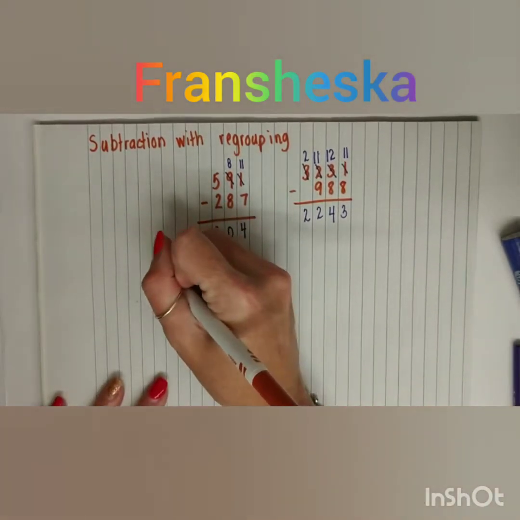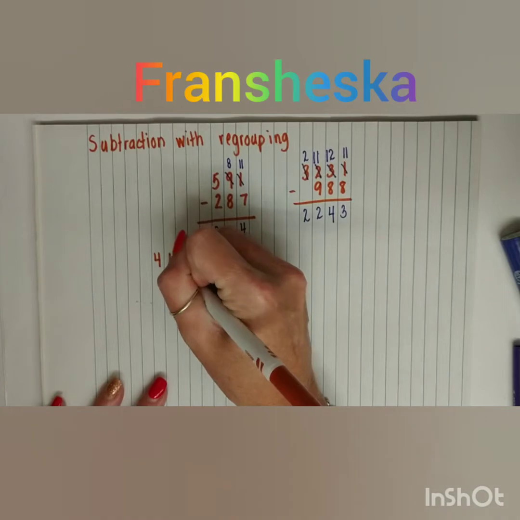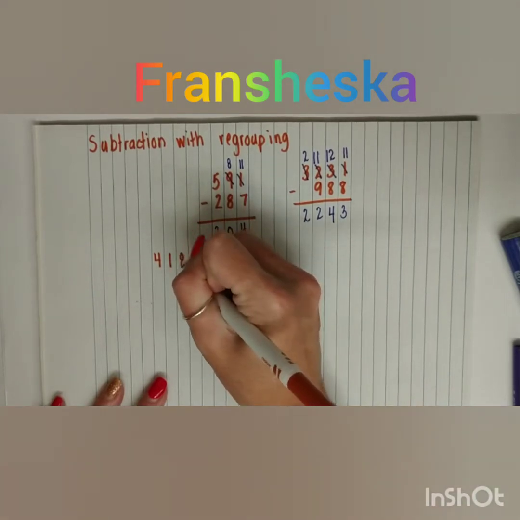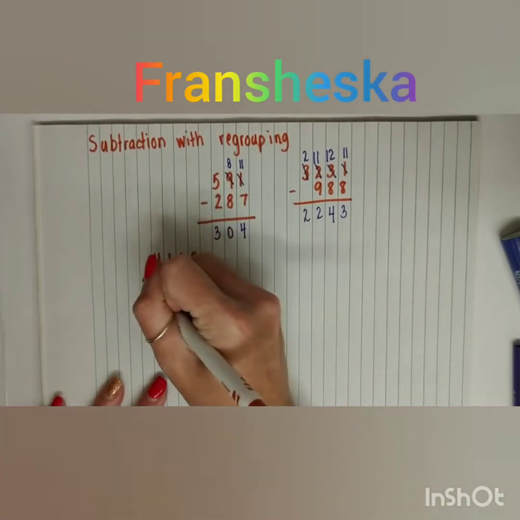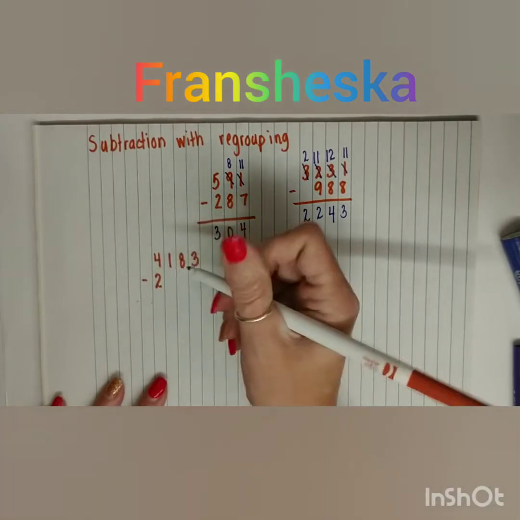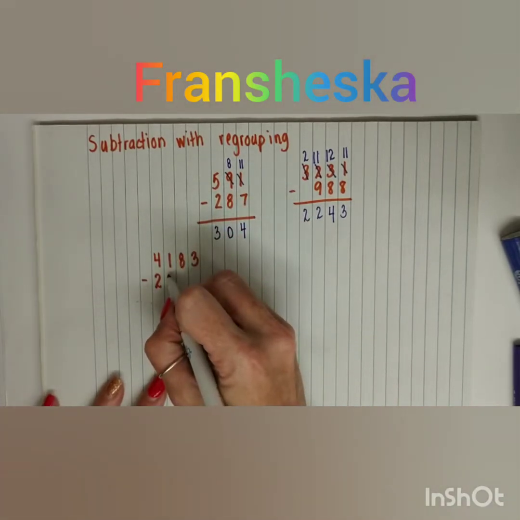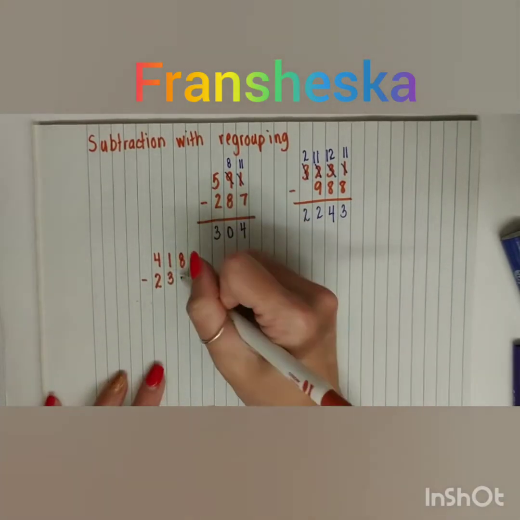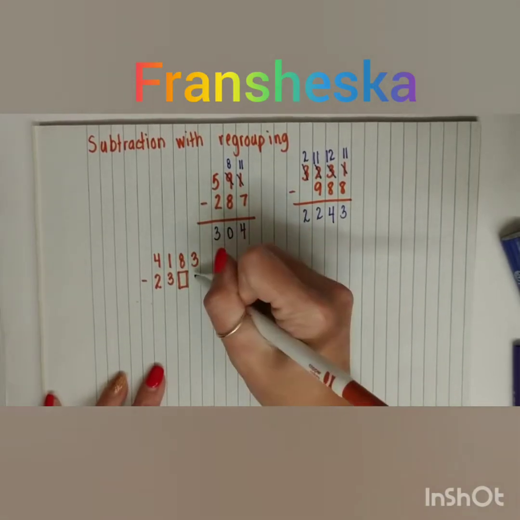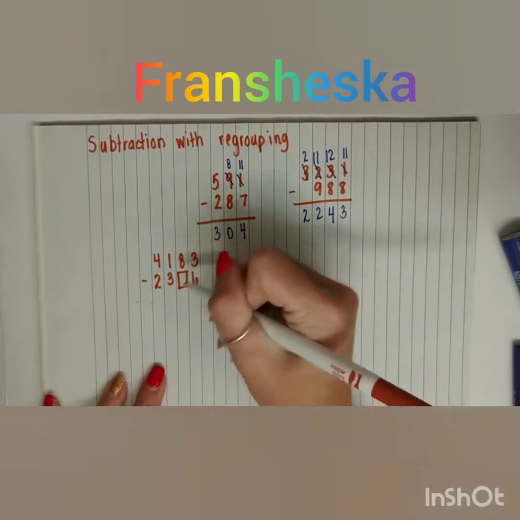So let's say we have 4,183 minus 2,300, missing this digit, 6.